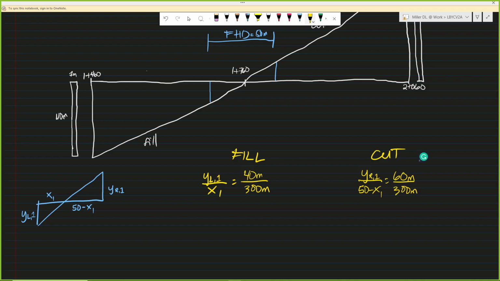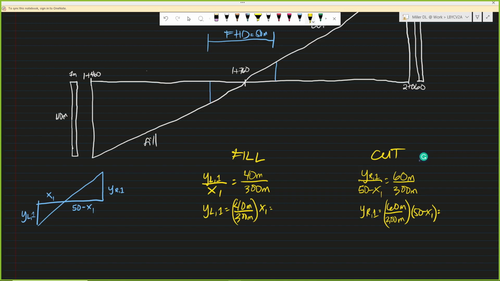Then, let's isolate y sub L and y sub R. So, y sub L 1 is equal to 40 meters divided by 300 meters times x sub 1. And this one would be y sub R 1 is equal to 60 meters divided by 300 meters times 50 minus x sub 1.